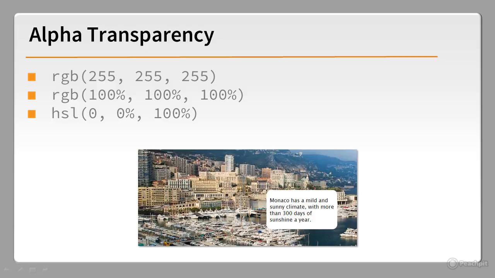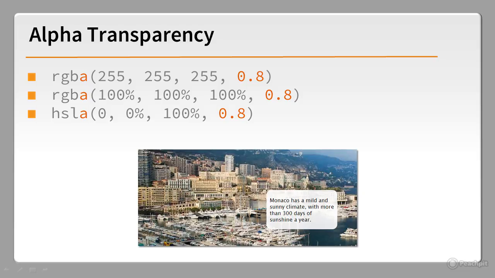To make the background translucent, you add an A to RGB or HSL plus a 4th value specifying the amount of transparency. The final value is a decimal fraction between 0 and 1, where 0 is fully transparent and 1 is fully opaque. So these represent white with 80% opacity, allowing the photo to be partly visible through the white background.